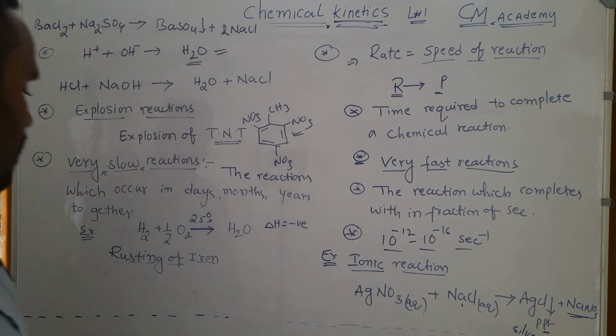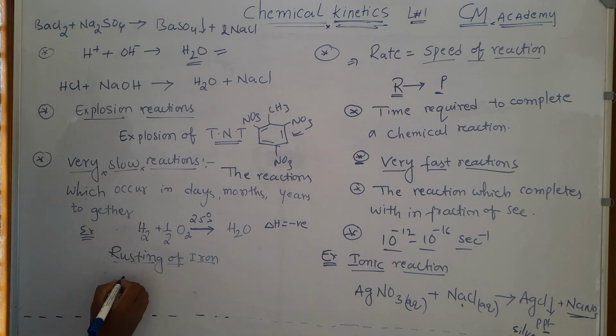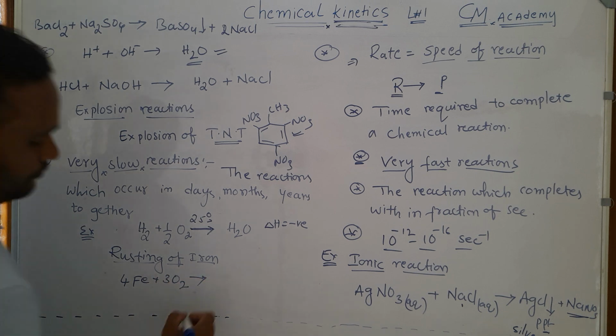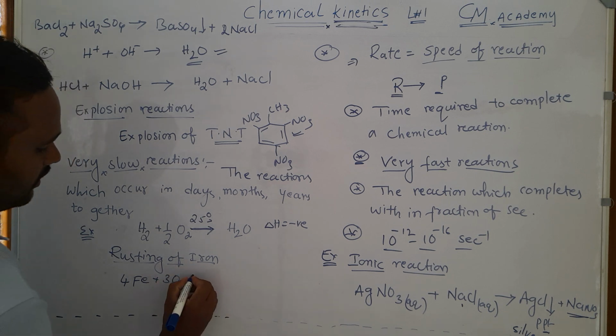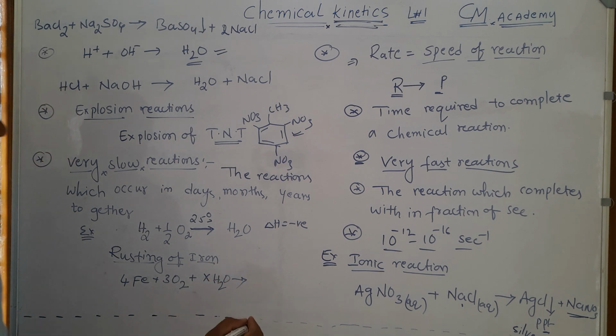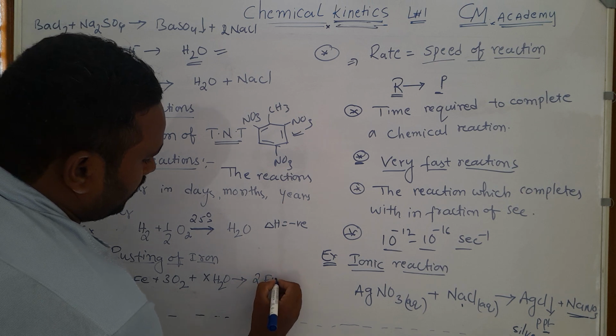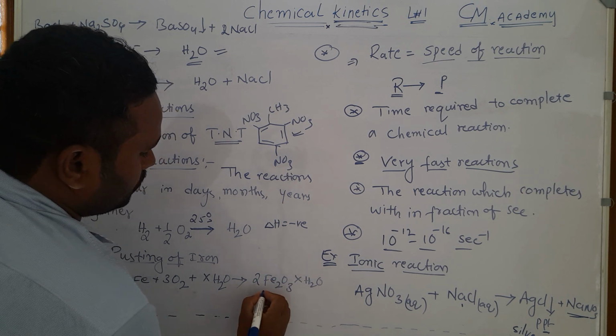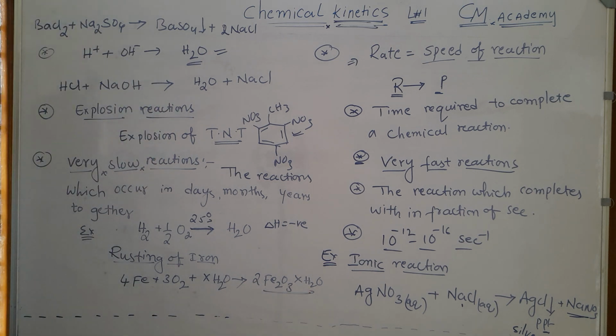Rusting of iron: 4Fe plus 3O2 plus x moles of water gives rise to 2Fe2O3·xH2O. So this is also a very slow reaction.